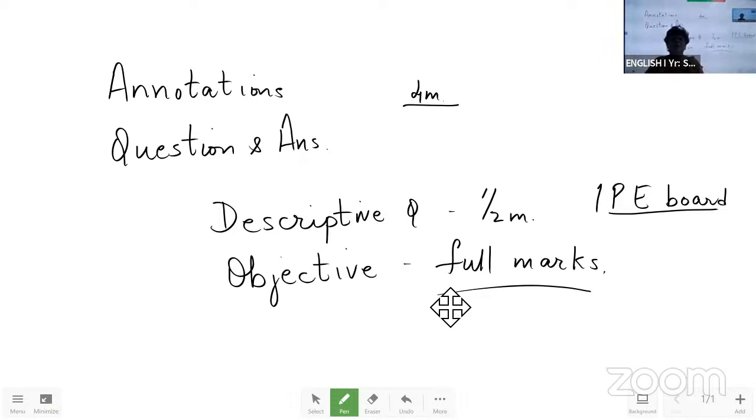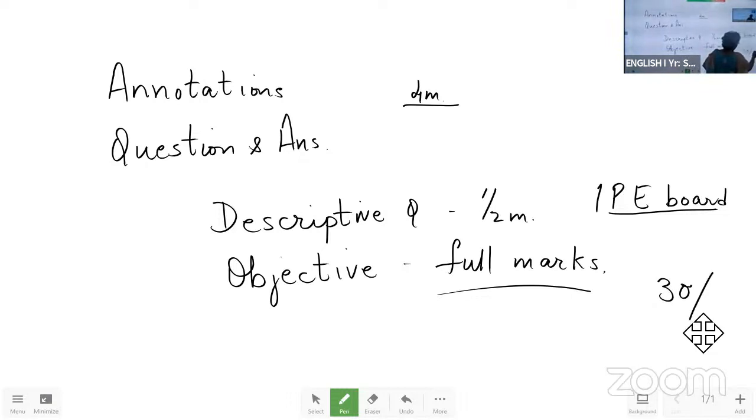Think yourself to be an examiner. Place yourself in their shoes. Every day they get 30 papers of 100 marks. You may think 30 papers are very easy to mark.